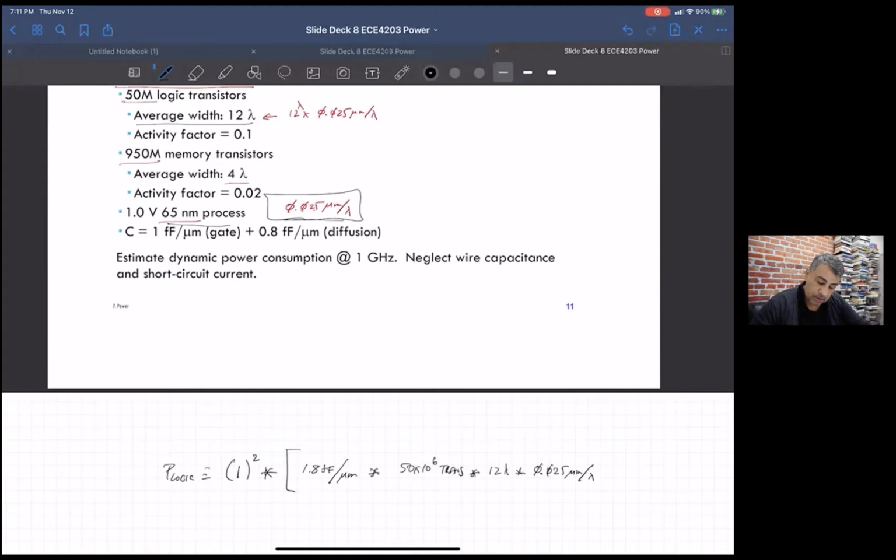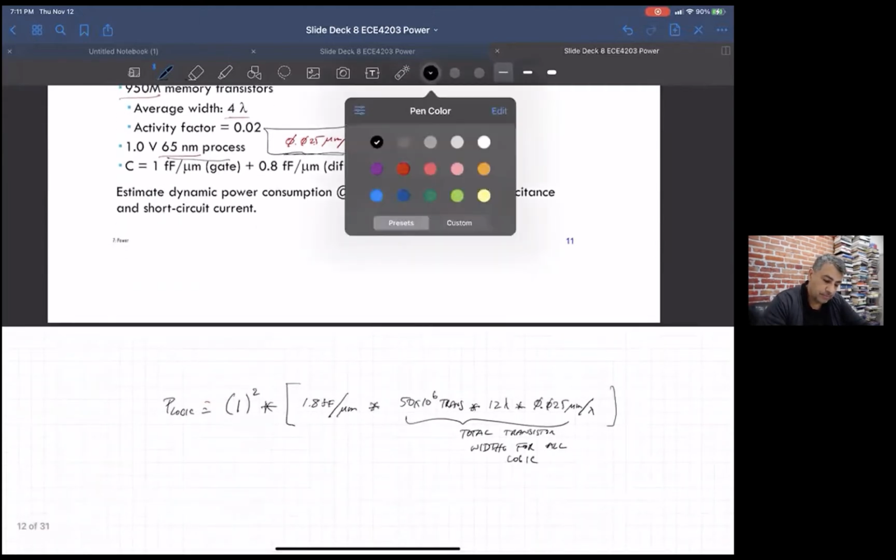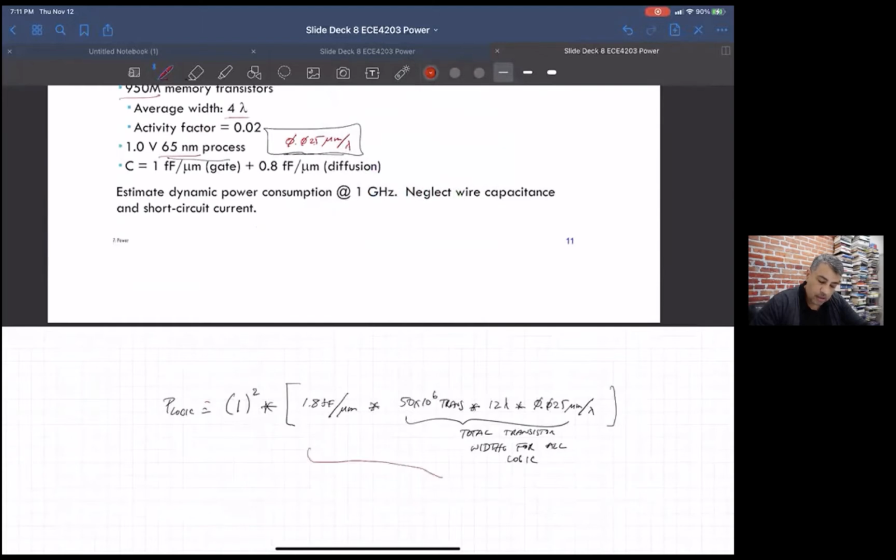Did I get all that right? So this is the total transistor width for all logic, and which makes this the total capacitance for all logic.